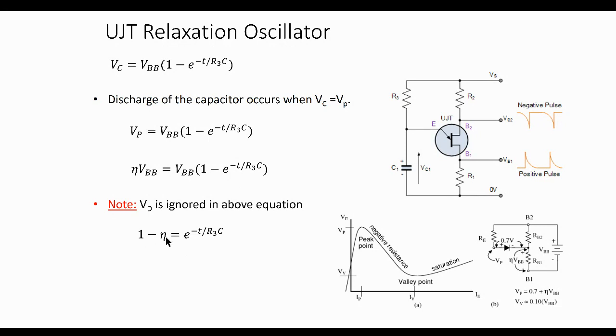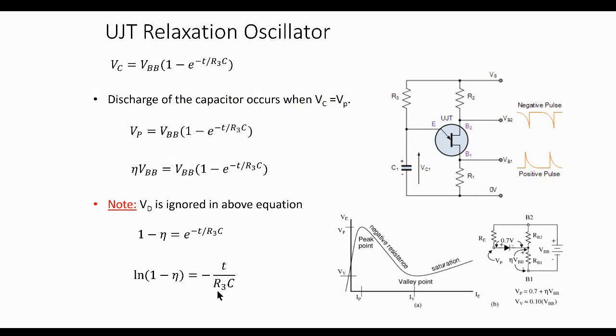So 1 minus the intrinsic standoff ratio would be equal to the exponent of minus t divided by the time constant, and that's R3 and the capacitance. After this, we can just take the natural logarithm of both sides of this expression. On this side take the natural log, and on this side take the natural log.